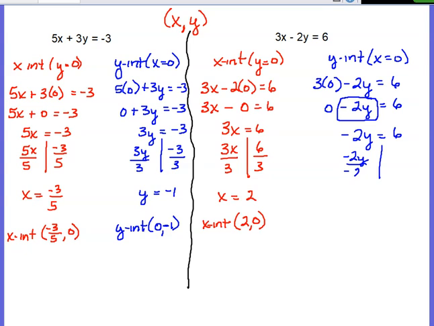Well, my variable's isolated, but now I have to isolate it even more because I have to divide by negative 2. So that's my coefficient, so y is equal to positive divided by a negative is a negative. So I get negative 3. So my y-intercept is (0, -3). And I didn't really write an equal sign for any of the other ones, so we'll take that out. Okay, so it's very simple solving an equation. You just have to know which number to substitute 0 into.